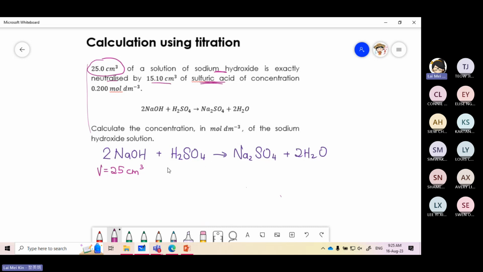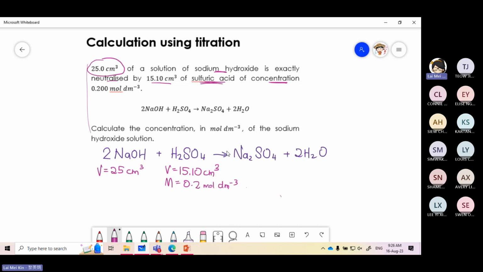Sulfuric acid has the volume 15.1 centimeter cube and the concentration 0.2 mole per decimeter cube. This will train you on how to read questions, how to identify the names of the compounds, and how to plug in which information belongs to who.